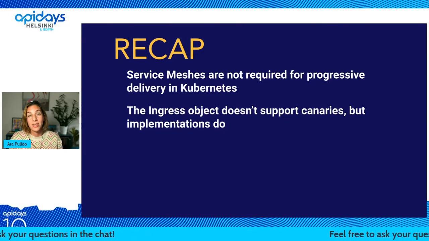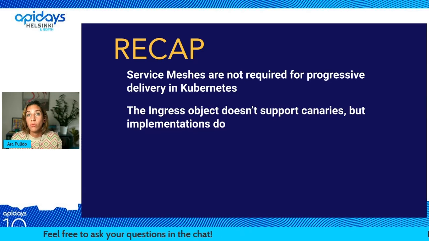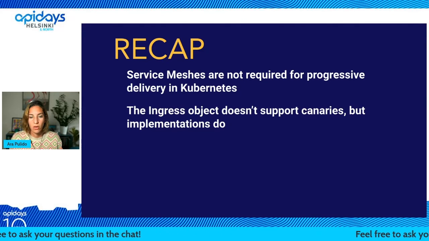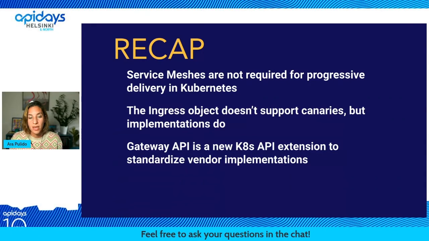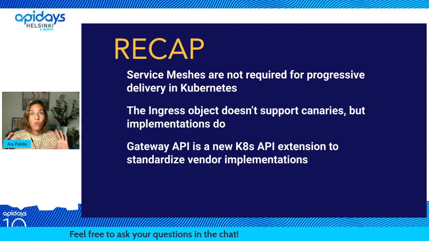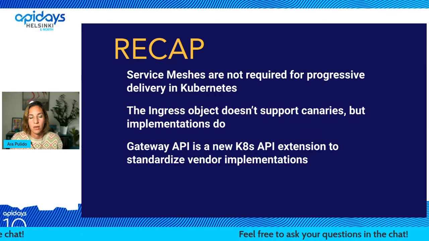The Ingress object doesn't support canaries, as we saw. All the implementations are hacks to the object or intermediate objects, but they all have something. So have a look at those if you're using Ingress. And Gateway API is the new Kubernetes API extension to standardize all these hacks that were happening elsewhere and to also extend to more use cases and more roles, not only L7.